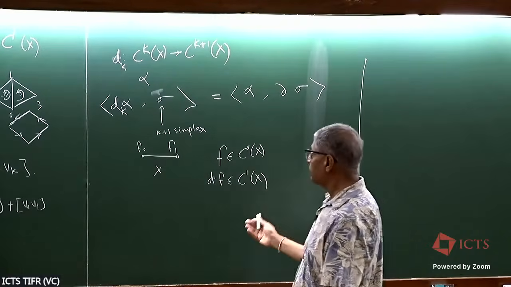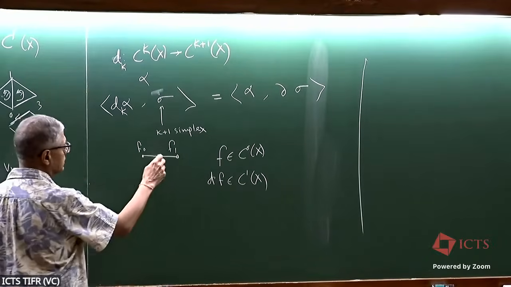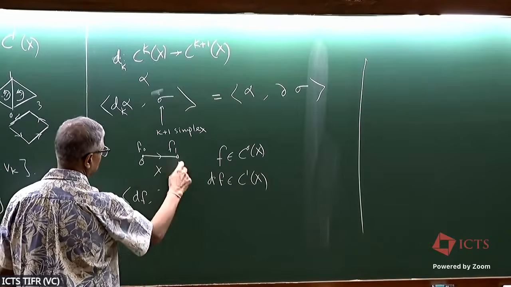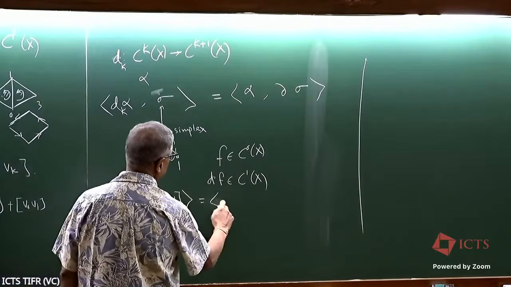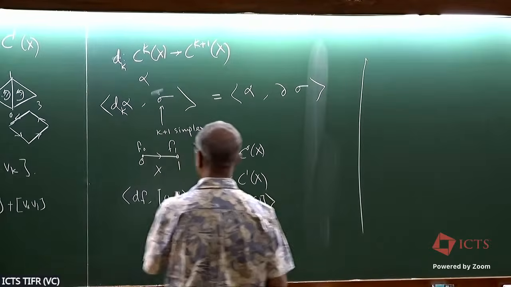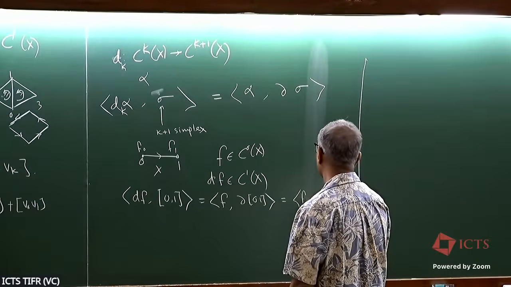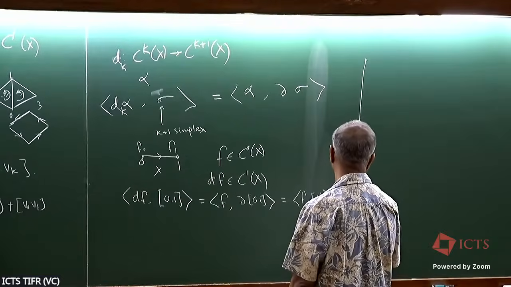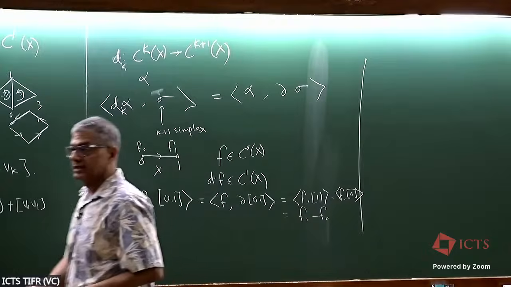And D of F is a 1 cochain, so I should tell you what its value is on this edge. Its value on the edge 0, 1 is the value of F on the boundary of 0, 1. The boundary of 0, 1 is 1 minus 0. So this is the value of F on that face minus the value of F on that face. So F1 minus F0. It's simply the difference.